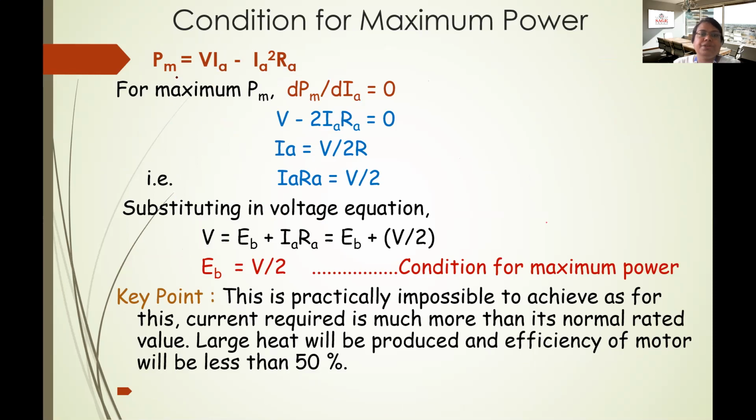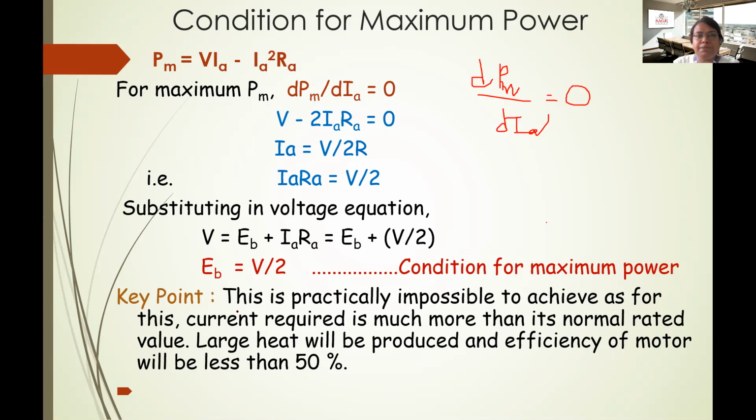So what is the condition for maximum power? If we differentiate this equation with respect to current and equate to 0, then we will get the maximum value of power. So we differentiate Pm with respect to Ia, that is dPm by dIa, and equate it to 0.